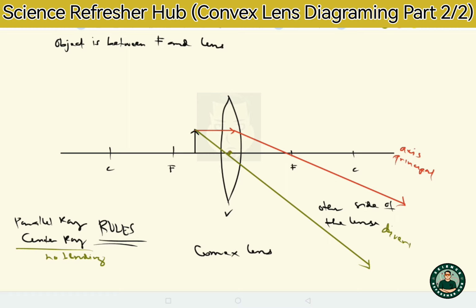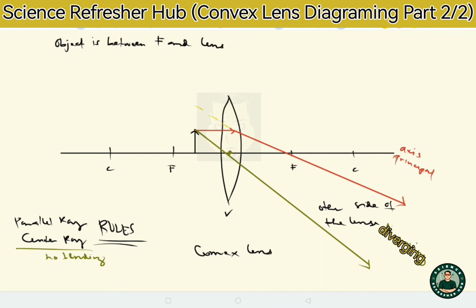But if you notice, the lines are diverging, they move away from each other. So in that case, we can trace back the light rays. We will be using a broken line here to trace the refracted rays on the other side of the lens. Because the green line doesn't refract, it's not good to say you will trace the refracted rays, but in this case, just trace the rays that you have drawn.